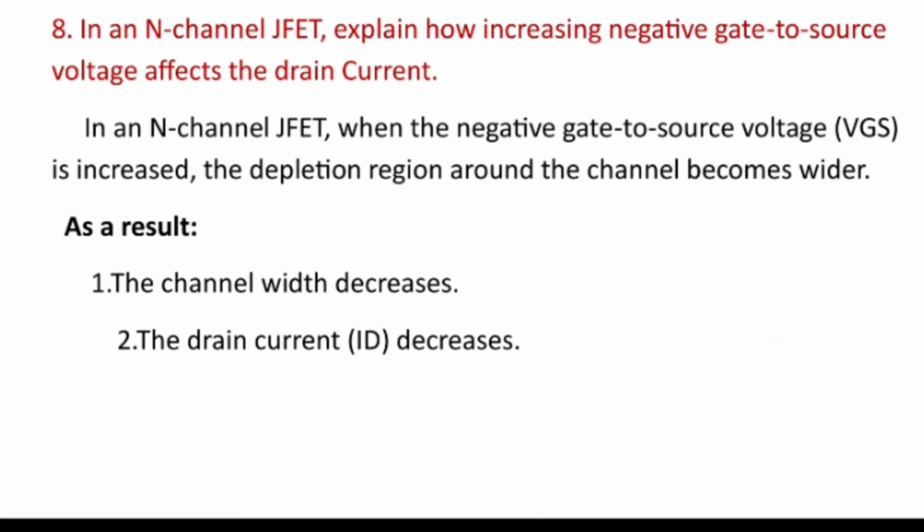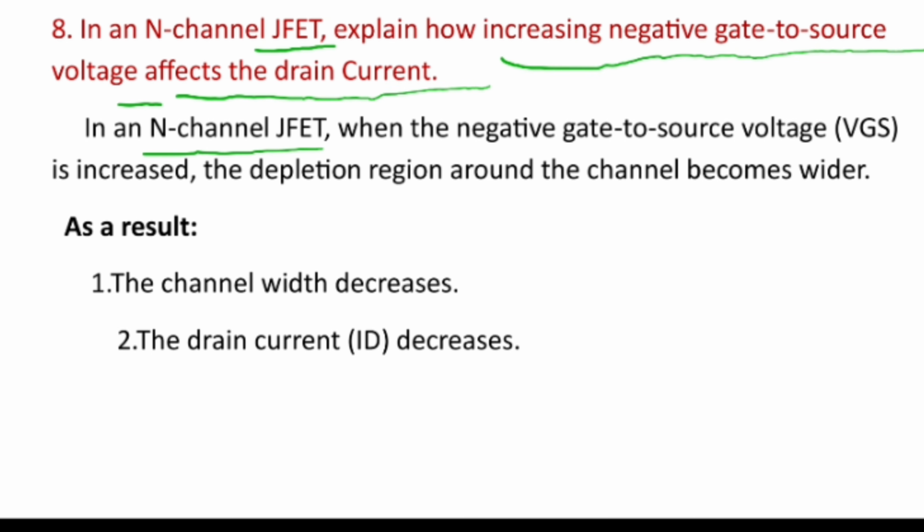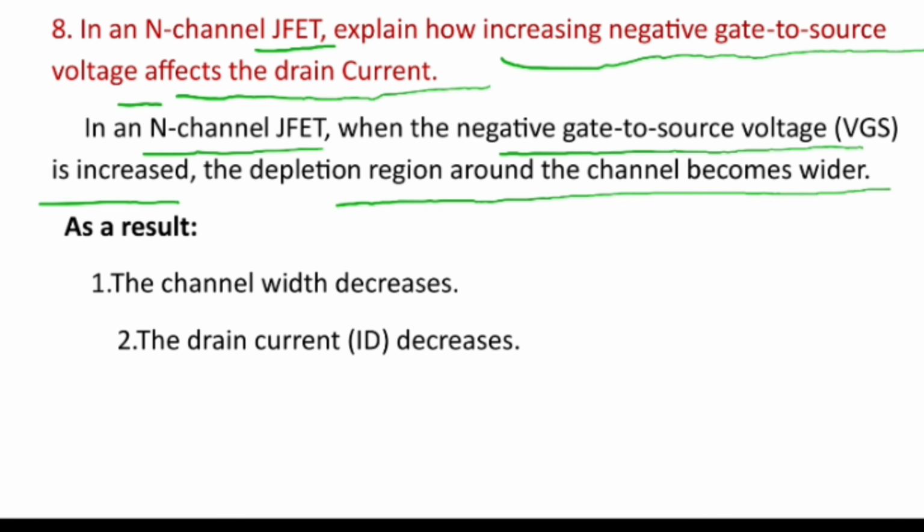In an N channel JFET, explain how increasing negative gate to source voltage affects the drain current. In an N channel JFET, when the negative gate source voltage VGS is increased, the depletion region around the channel becomes wider.